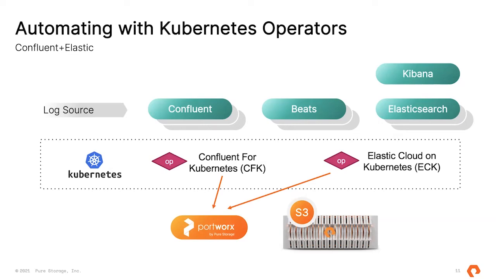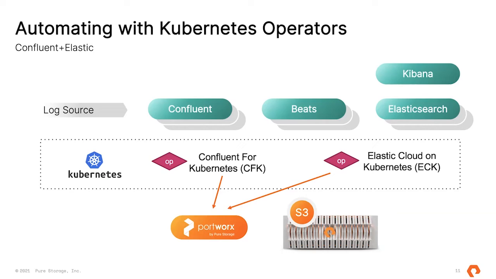And of course, Elastic Cloud on Kubernetes, ECK, which makes it very easy to deploy different components in the Elastic stack. These two operators are basically building on top of automation fundamentals principles inside of Kubernetes, but with application awareness.